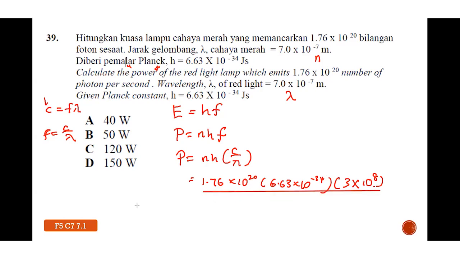The wavelength is in meter, so no need to change the unit. Straight away 7 times 10 power negative 7. Finally, when you press the calculator, you should get about 50 point something. So you all need to know the formula, then you can apply it in these questions.